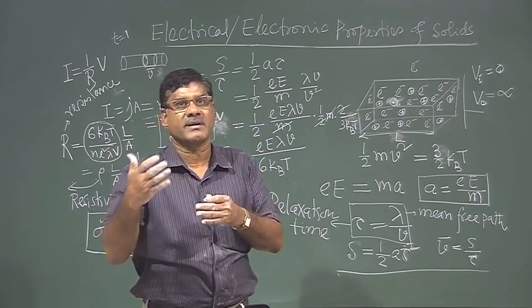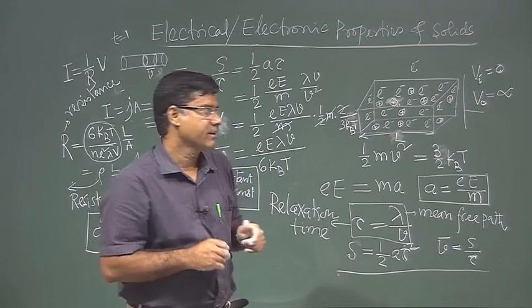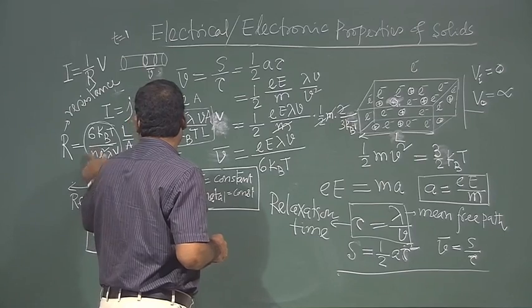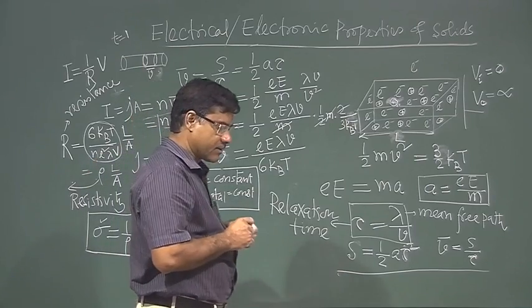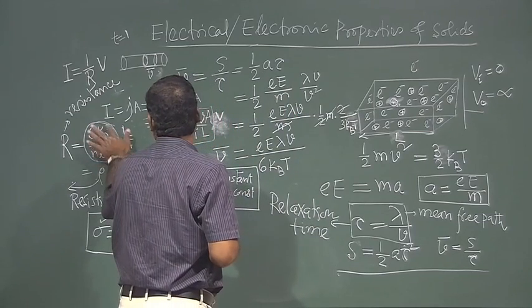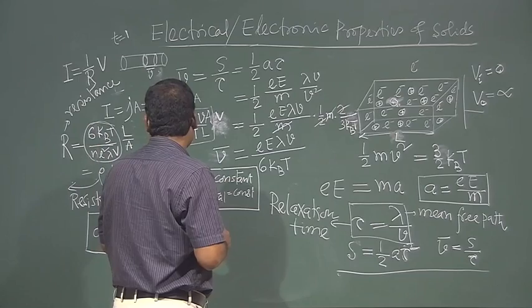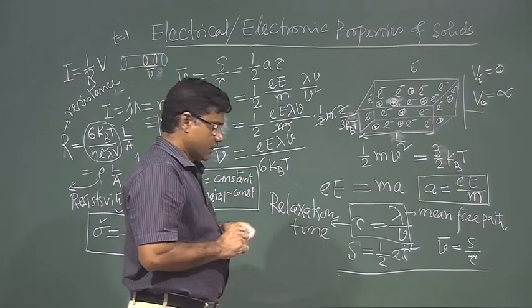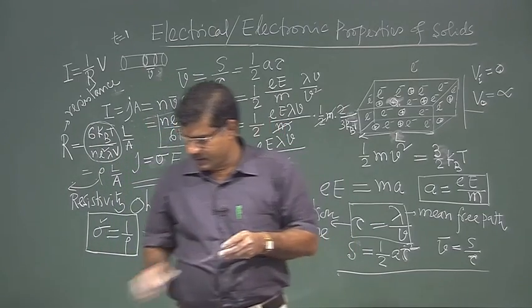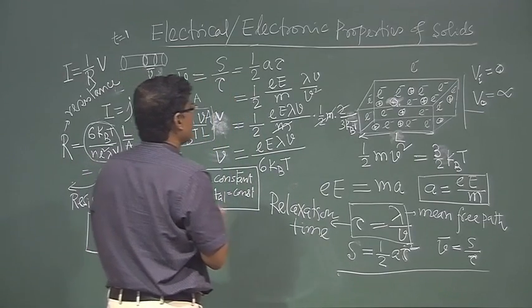So, metal to metal the conductivity varies, mainly this electron density is responsible, if you keep other parameters the same, if you study at the same temperature and so on. Okay. So, this is one part we could derive from the free electron model.